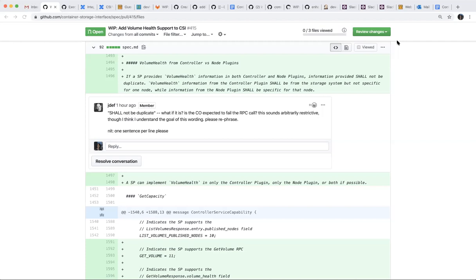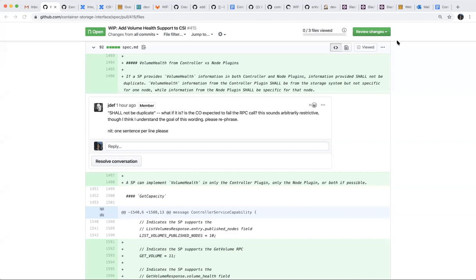I think that's fine. But I don't think we should just not support them at all. Yeah, I think we should support that, because that was actually the initial use case for this feature: how to get that information for local volumes.